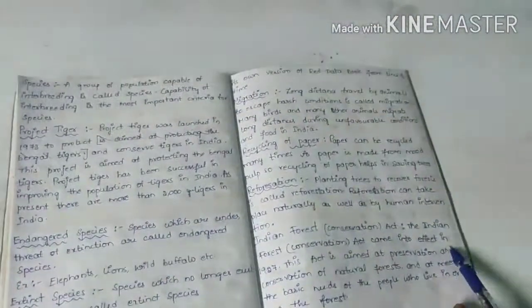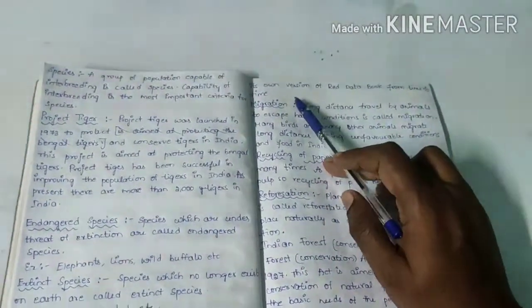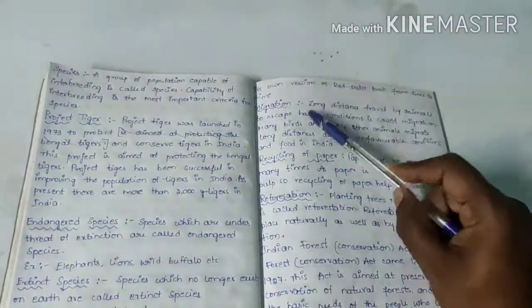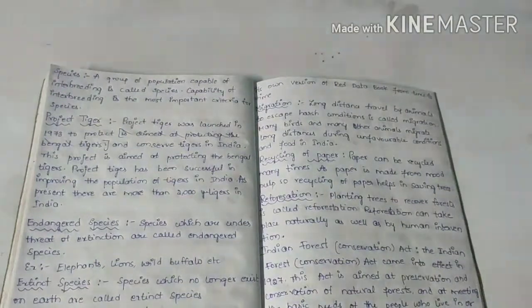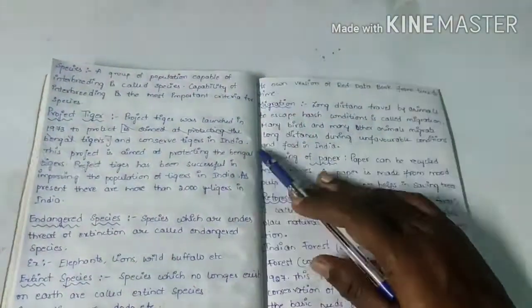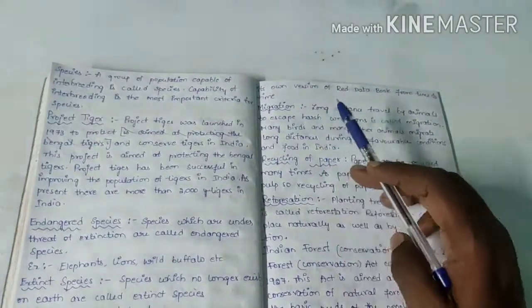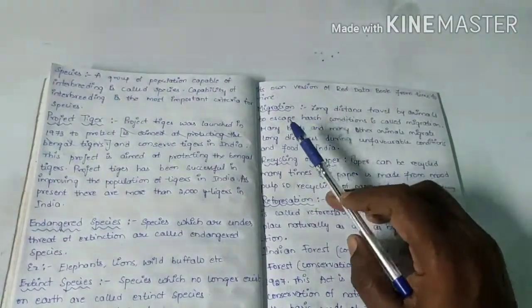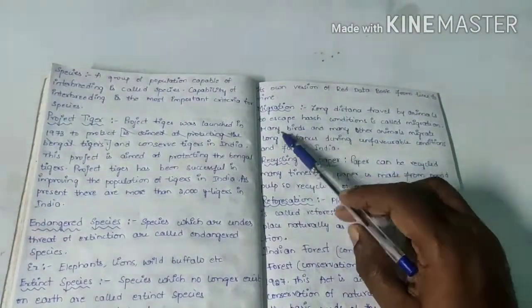Each country publishes its own version of the Red Data Book from time to time, and the Red Data Book of animals and plants is different. Mainly we can see this Red Data Book in zoos. In zoos, this Red Data Book will be managed.